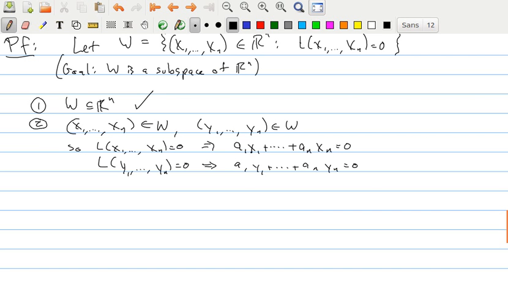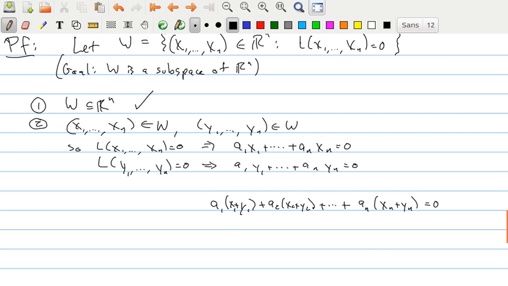If we take these 2 equations and add them together, we get a1 times x1 plus y1, plus the next coefficient a2 times x2 plus y2, and so on all the way down to the last term, which is an times xn plus yn, equals 0. So what does this say?